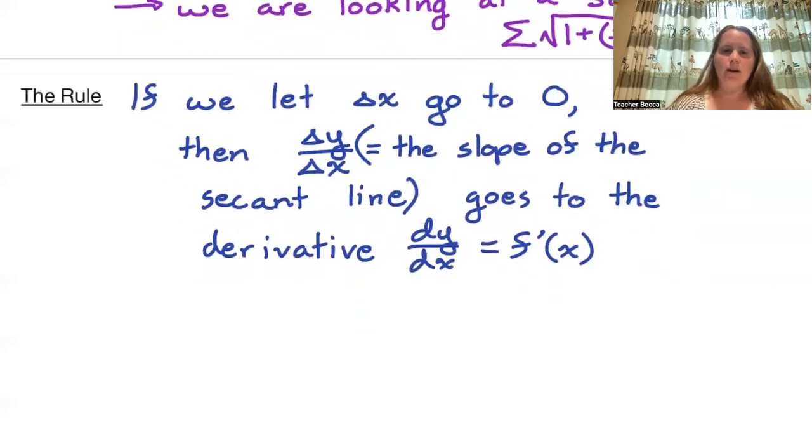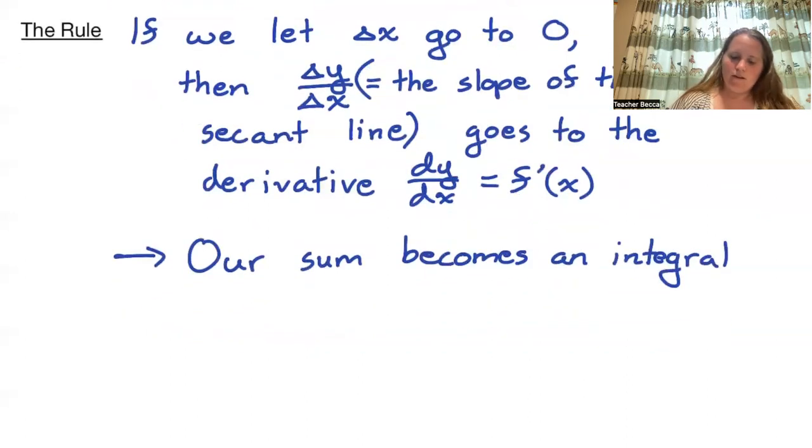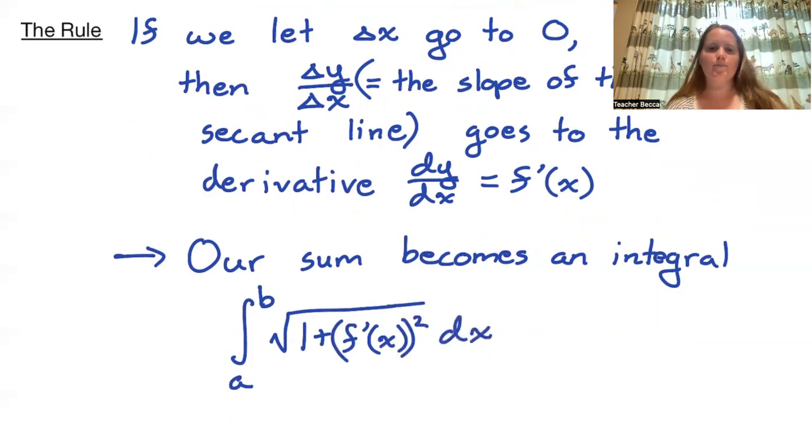And so what we get then is that our sum becomes an integral, and we are looking at the integral from a to b of the square root of 1 plus f prime of x, that f prime of x is then squared, times dx.